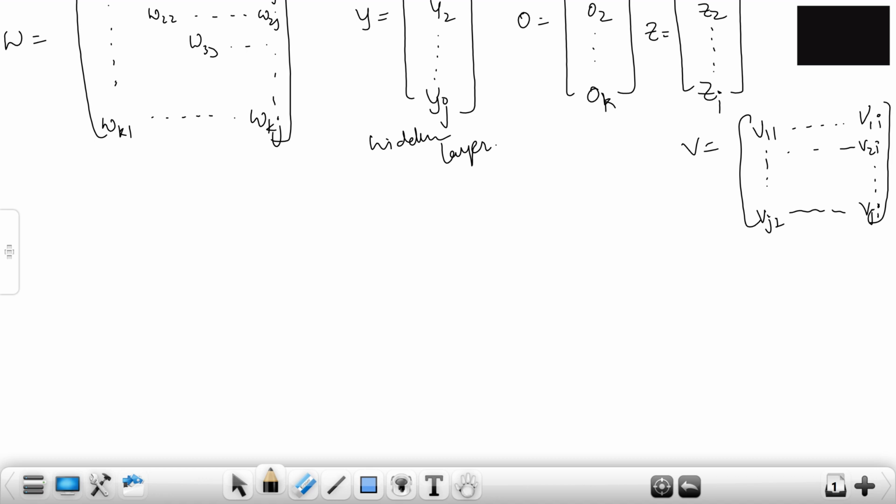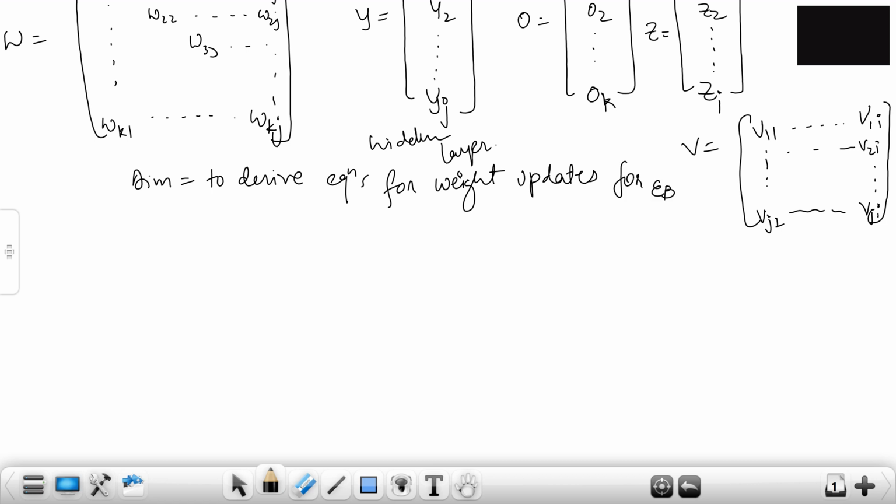Now we'll start with deriving the whole part. The aim is to derive equations for weight updates for EBP, error backpropagation.